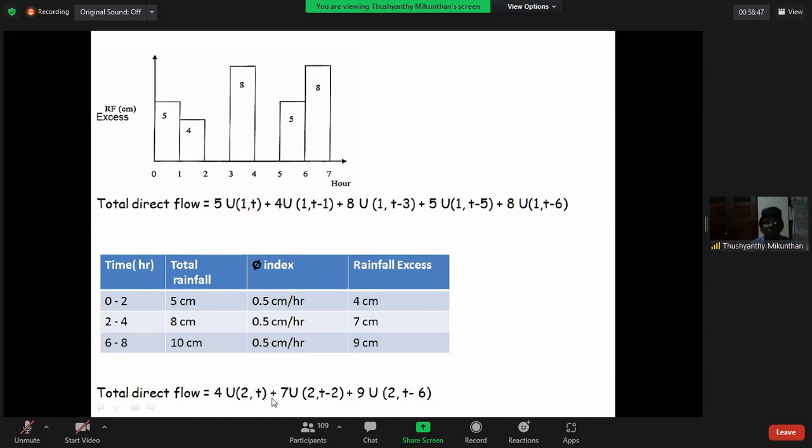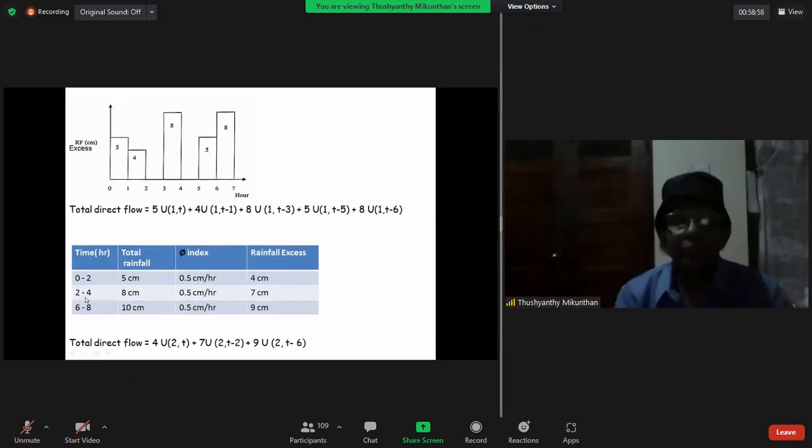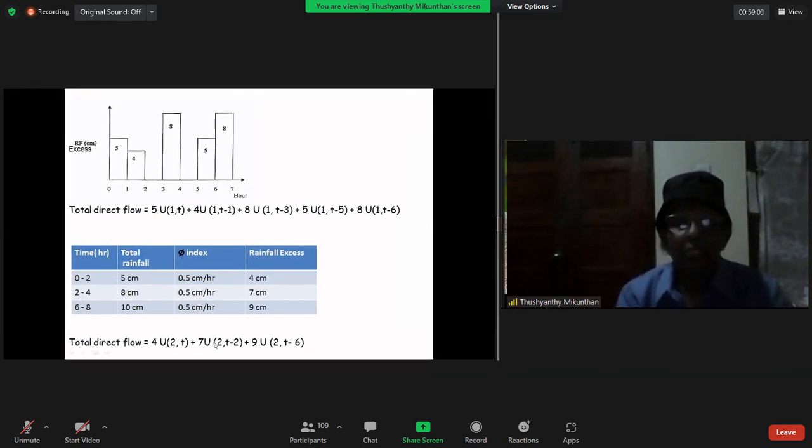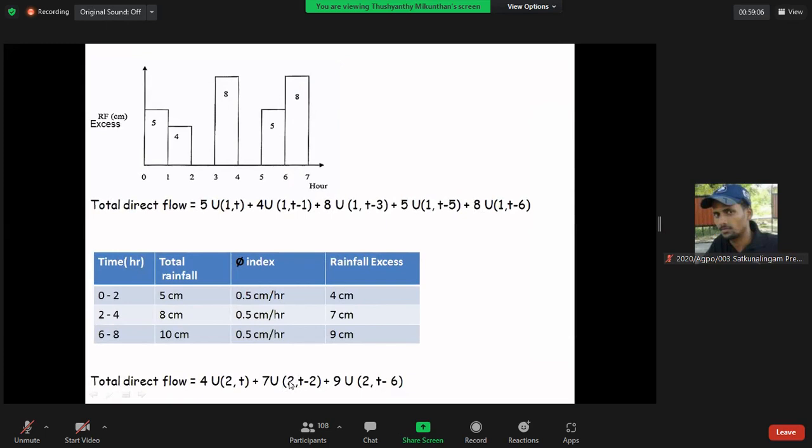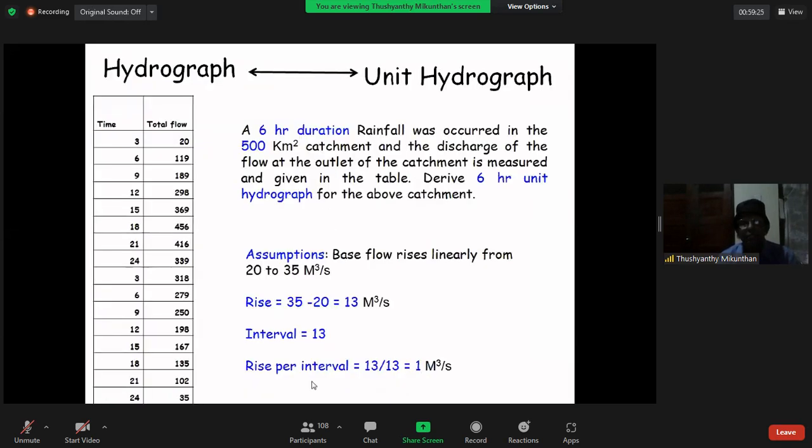Here 2T, 2 hour duration, with starting time t. The second rainfall is 2 hour duration, with t-2, then the third rainfall of 2 hour duration starting at t-6. Next class we will do this calculation.